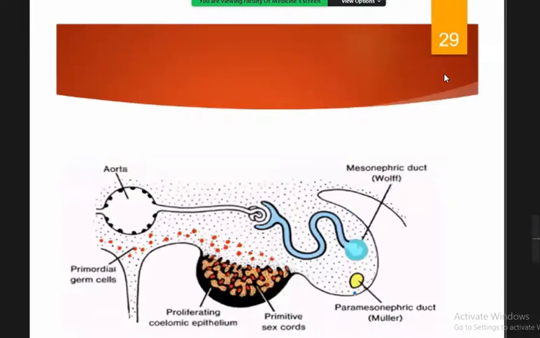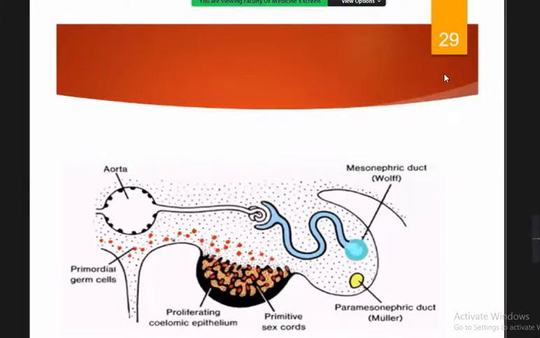Okay, let's use a larger structure here. So you can see that the wall of this forming gonad is in black, and it gives off these strands to invade the cells within this gonad. This illustration is now showing us the primordial germ cells arriving from the yolk sac to enter the forming or the empty gonad.